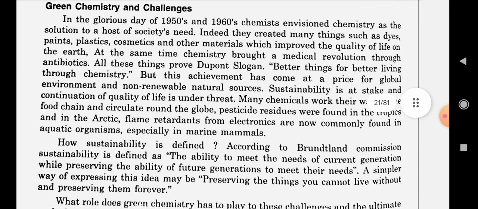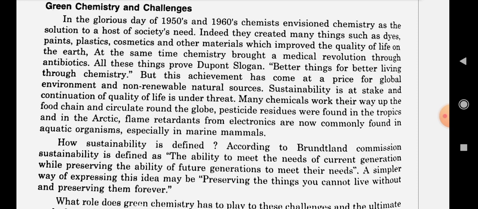Green chemistry and challenges. In the glorious days of the 1950s and 1960s, chemists invented chemistry as the solution to a host of society's needs. Indeed, they created many things such as dyes, paints, plastics, cosmetics, and other materials which improved the quality of life on earth.